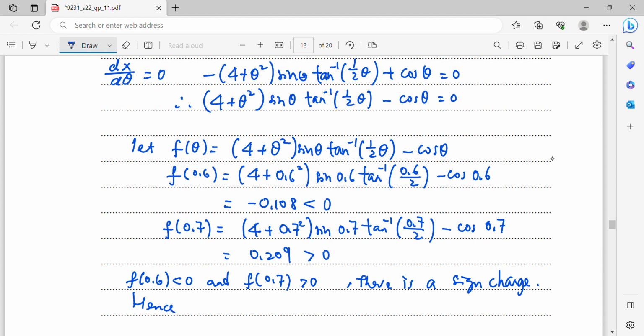Hence, the equation has a root between 0.6 and 0.7. Okay, so that is how we verify the root.